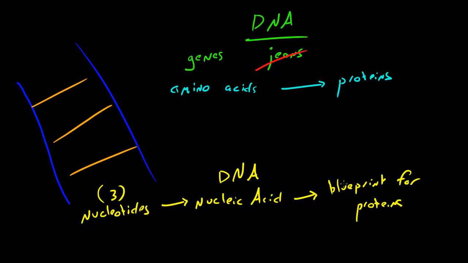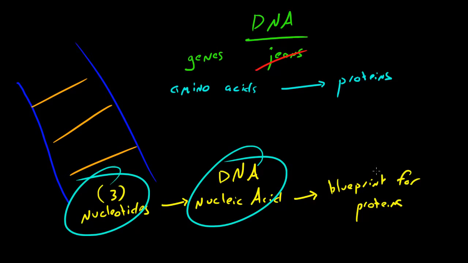Okay, fair enough. So, what else do I got to talk about? Oh yeah, I guess I probably should mention this. You guys are like, okay, so if every nucleotide is made up of the same stuff, and every nucleotide makes DNA, then wouldn't it mean that it pretty much made the same blueprint?